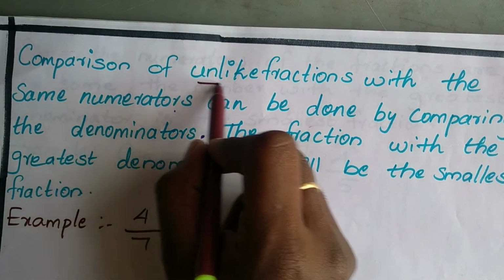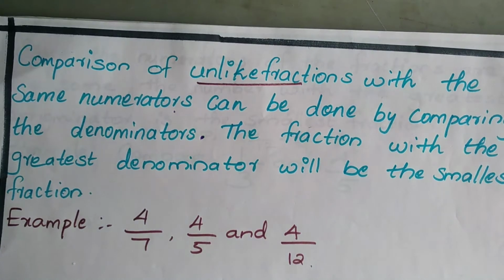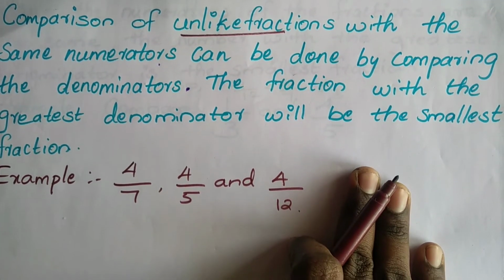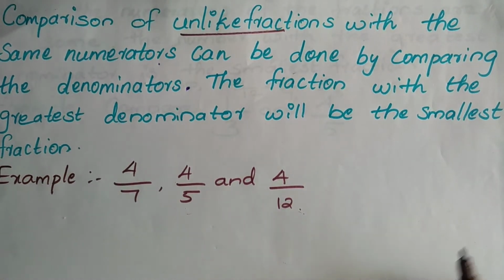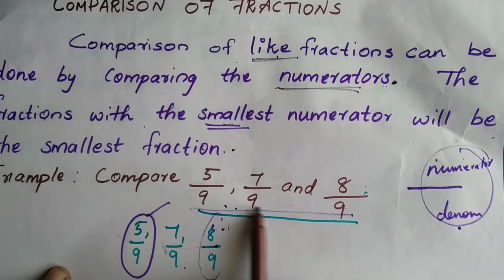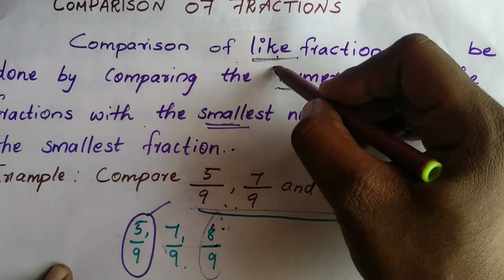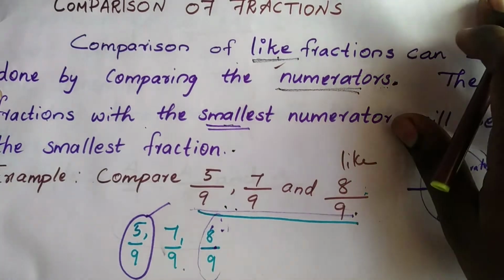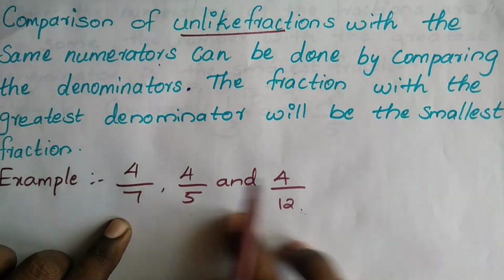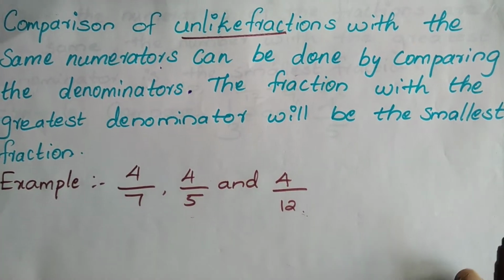Comparison of unlike fractions. What's the concept of unlike fractions? Different denominators. With the same denominator, we call them like. Same denominator means like. Different denominators means unlike fractions.